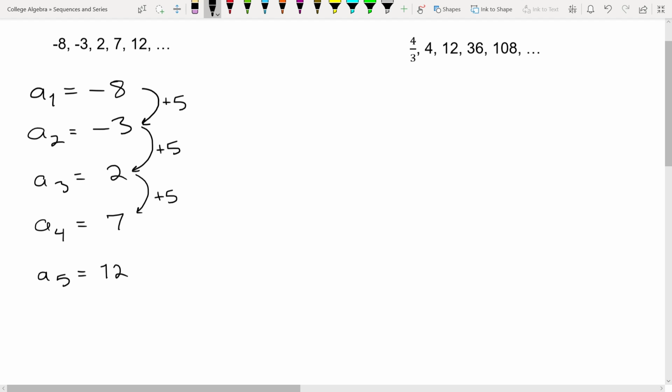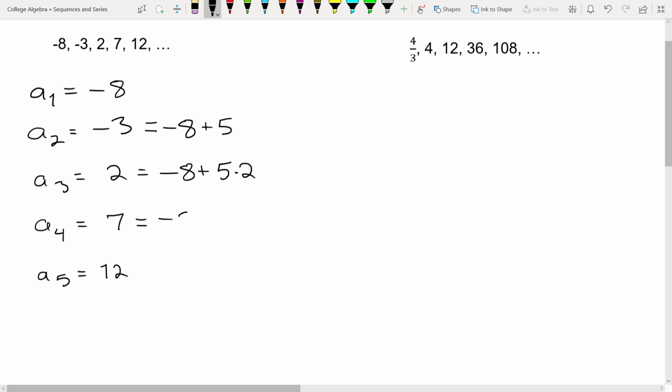Well, I can write that in a slightly different way. Let me write it like this. A1 is where we start. A2, however, is -8 plus 5. A3 is -8 plus 10, because we added 5 twice. But instead of writing plus 10, I'm going to write it as 5 times 2.